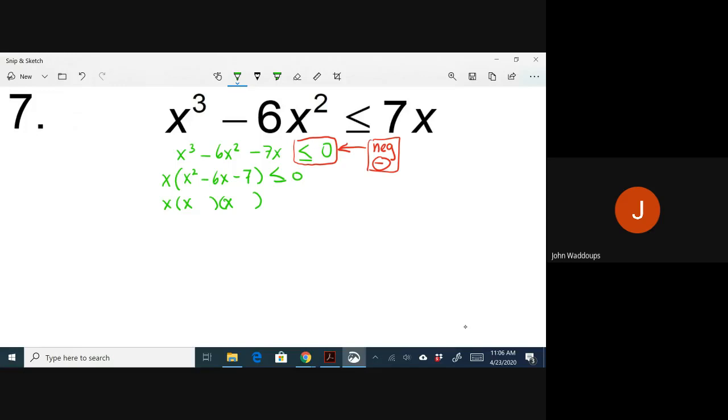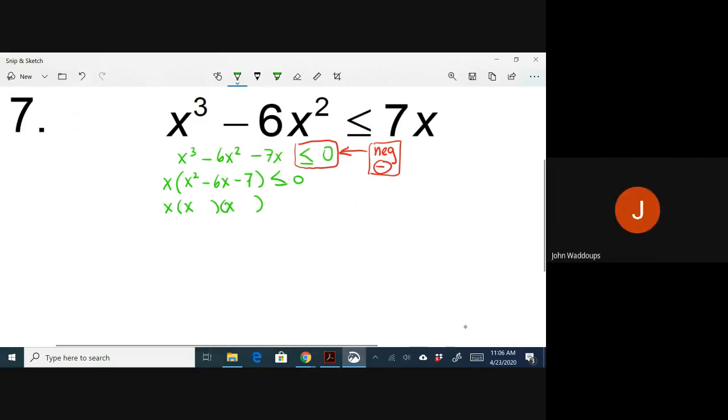and here I'm looking for two numbers that multiply to give me -7 and combine to give me -6. Two numbers that multiply to give you 7: 1 times 7, because it's prime. So I'm going to write 7 here and 1. We have to decide where the signs go.